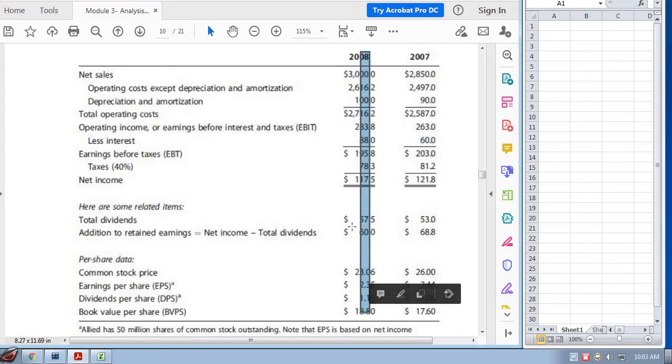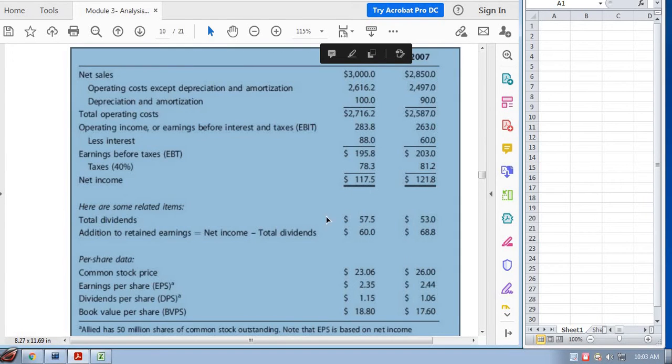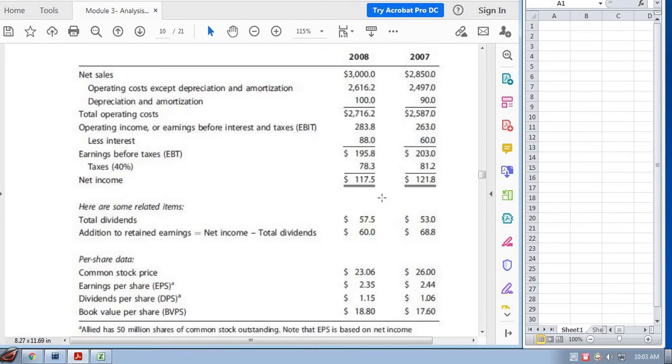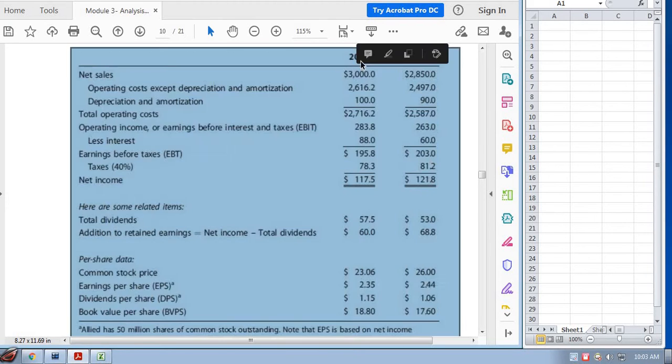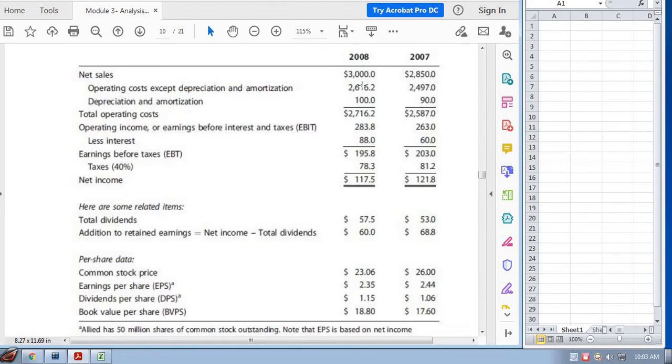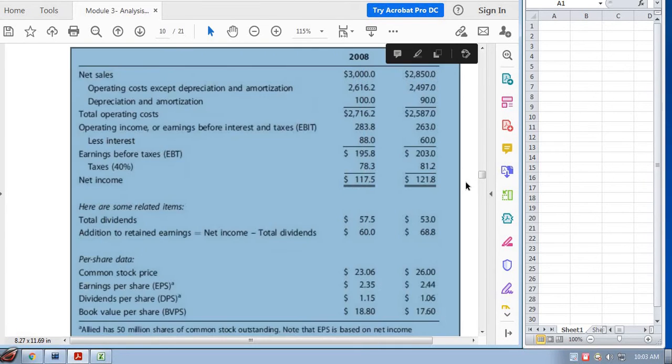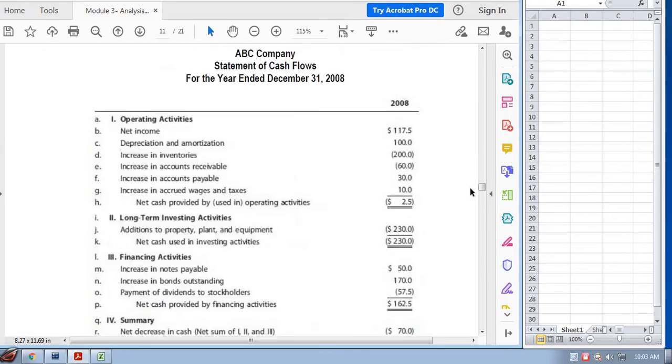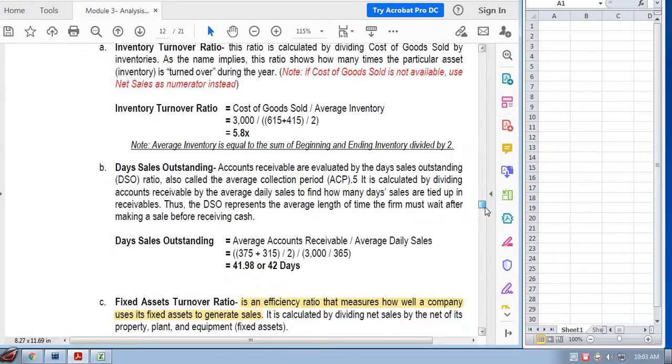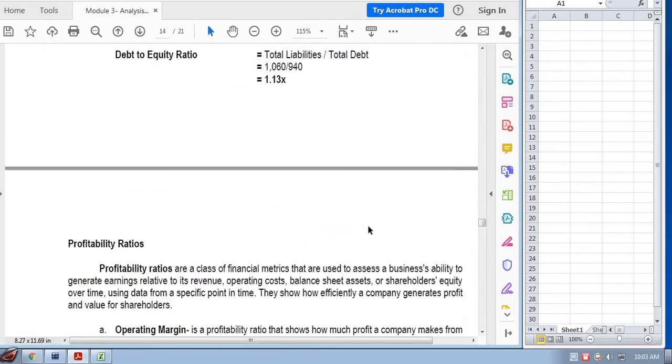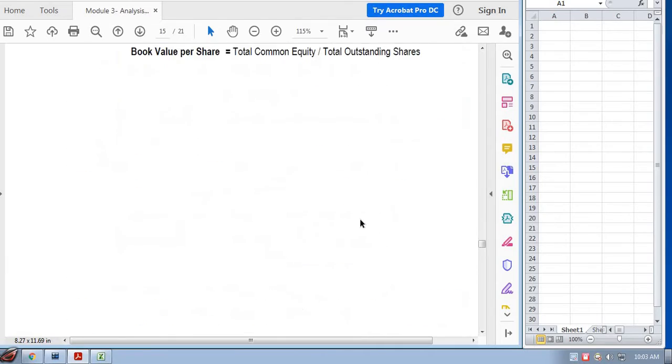Say for example, for the net profit margin, we divide net income by net sales, right? So our analysis here is vertical. In trend analysis, another way of analyzing financial statements is horizontal.